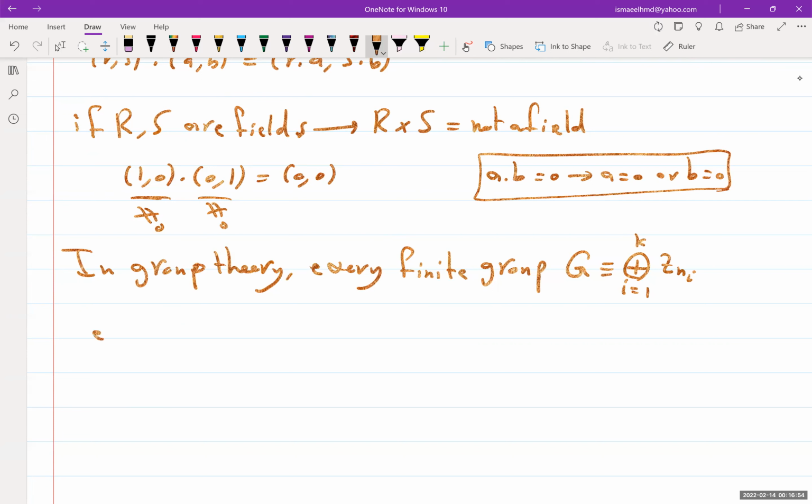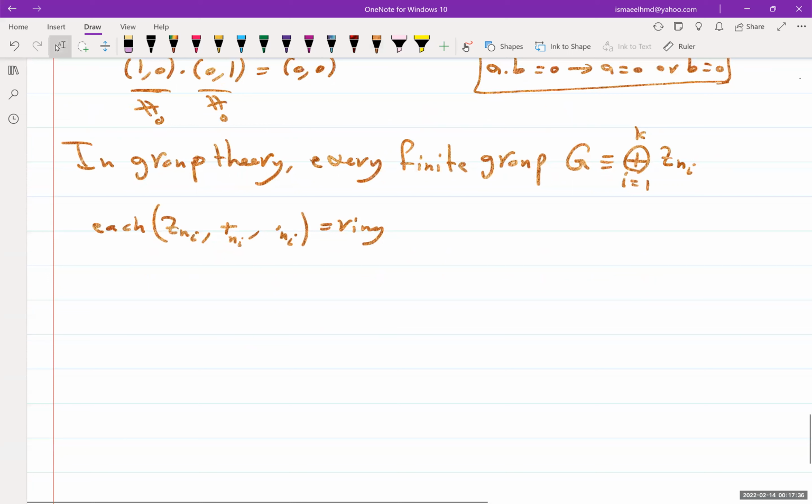And since each Z_{n_i} is a ring with plus and dot, we can regard this direct sum or direct product of the Z_{n_i} as a direct product of rings. So we can say every finite group can be made into a ring.